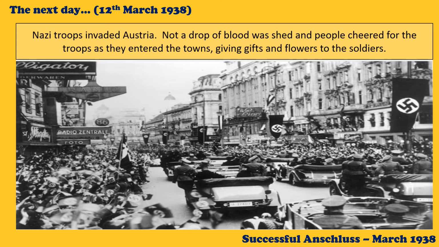And you may well be thinking, "Oh, well, maybe Schuschnigg didn't know his people so well after all." But actually, the Austrian people knew exactly who the Nazis were and what they were like. And they knew that if they did the opposite when the Nazis rolled into Austria, that they would be facing the same fate as those people in Germany who opposed the Nazis.